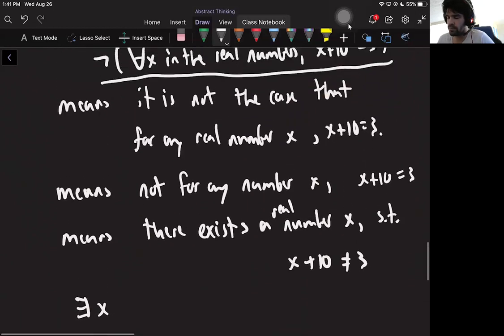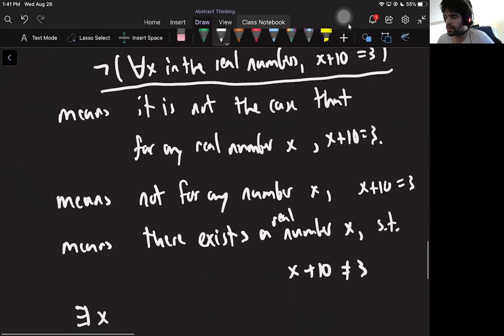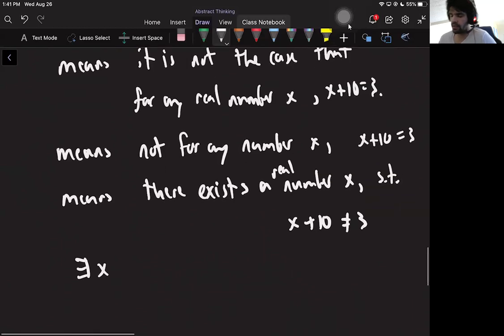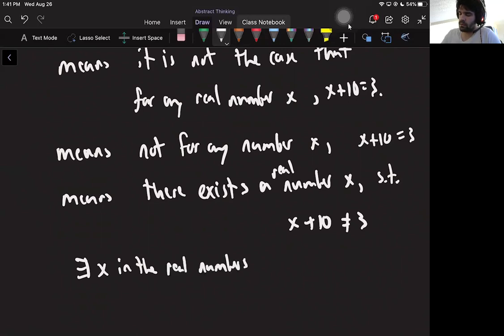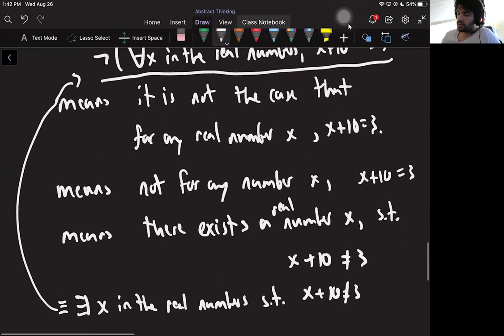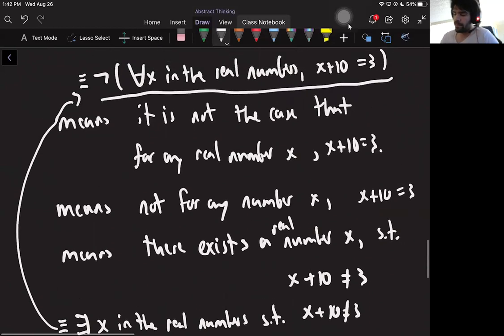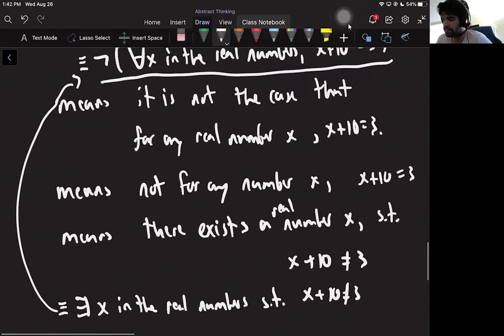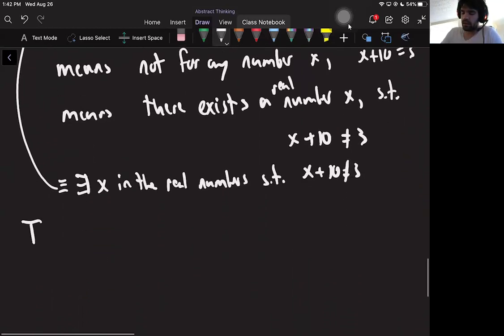So now this guy not working for all the real numbers means that there exists a real number such that the predicate does not come true. So what does it mean for the predicate to not be true? It means that. So this is what we were looking for. That's what this is equivalent to. And in general, this is exactly how it works.